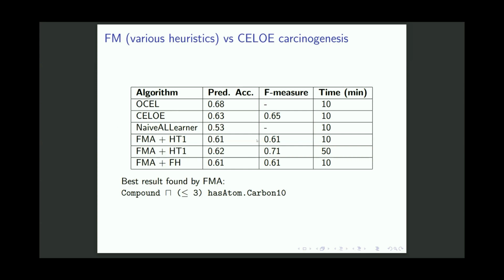And here we can see that in our case, when using HT1 and letting it run a bit more than the others, it actually comes up with something better. But in reality, it's kind of close to the base algorithm, not a big difference. Another example is in the carcinogenesis set, which is the one tested here. Our algorithm found that it must be a compound that has 3 atoms of carbon-10.